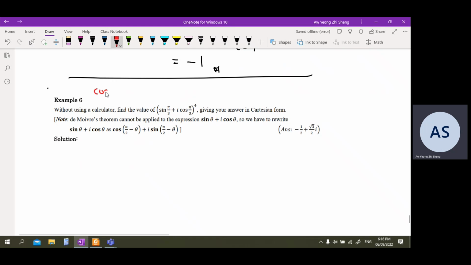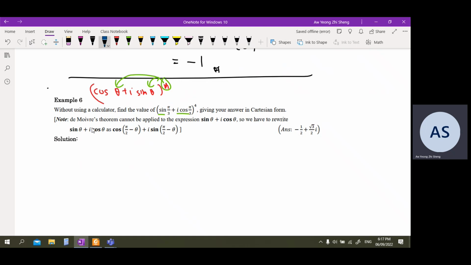According to De Moivre's theorem, when you have (cos theta + i sin theta) to the n, only then can you apply De Moivre's theorem to distribute your n to the angle. But when we have sin plus i cos, De Moivre's theorem cannot be applied. So we have to think of a way to convert the expression in the bracket into the form cos plus i sin of the same angle.